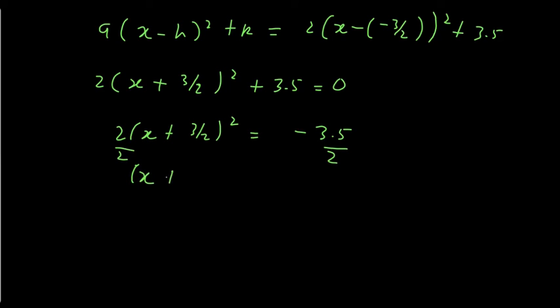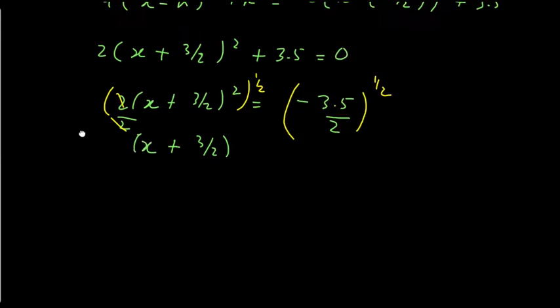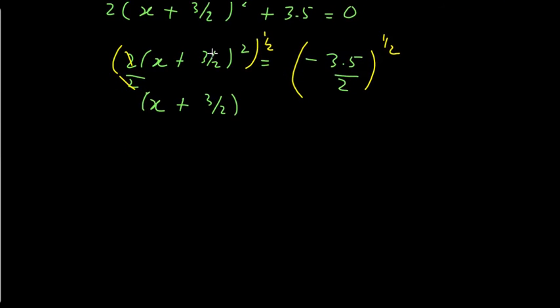Then we take the power of half to cancel out the square, so it becomes a square root.